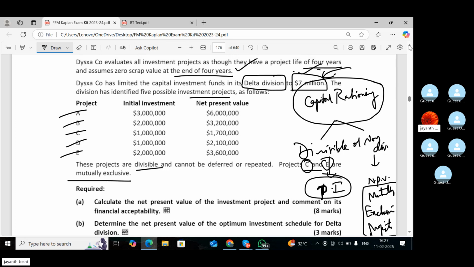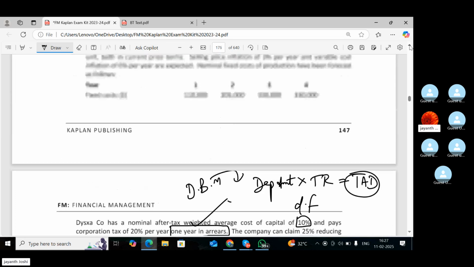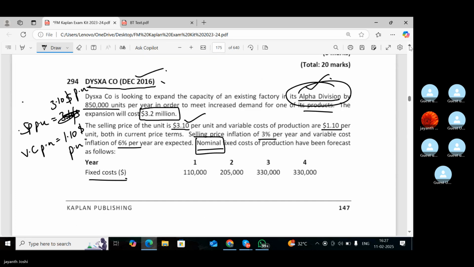So I will give you 2 minutes of time to read the question again and I'll start solving this fast. So this is one of the divisions called Alpha division. In that they want to do the capacity expansion.